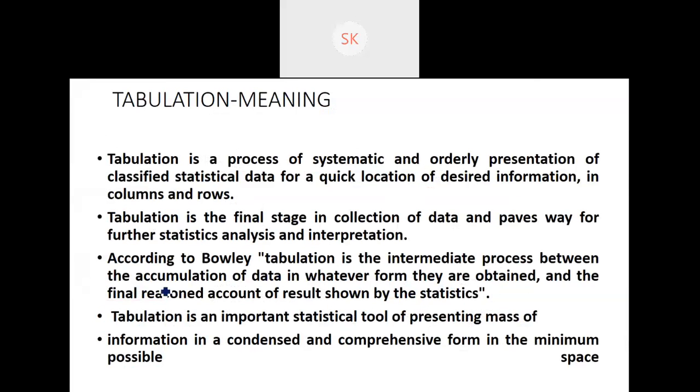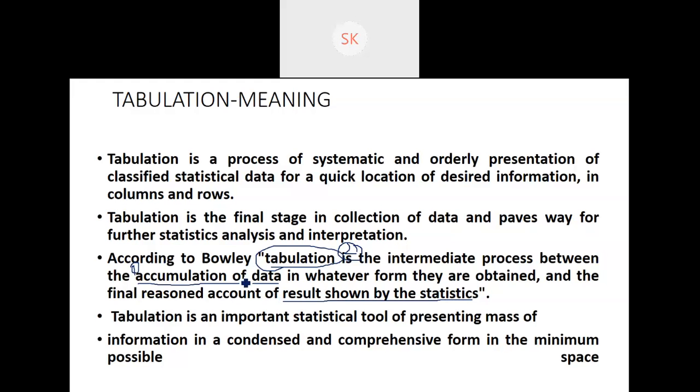First will be collection or accumulation of the data, then you will tabulate the data, and then you will show the required results of the data. So first will be your accumulation. This will be process 1. Once you accumulate, you will tabulate or arrange them for the further calculations, and then you will have the data to be solved, or once you solve, whatever result you get, that will be given.